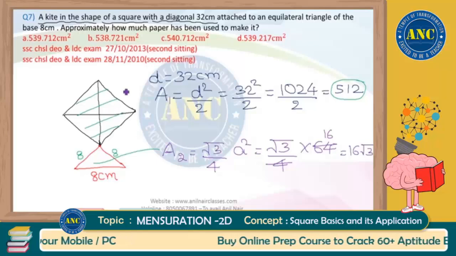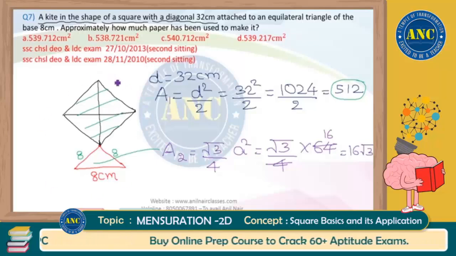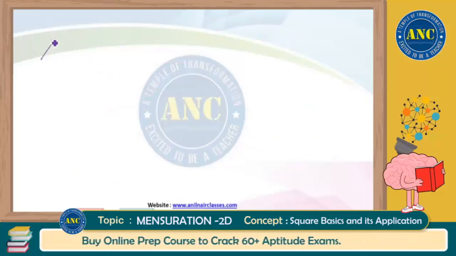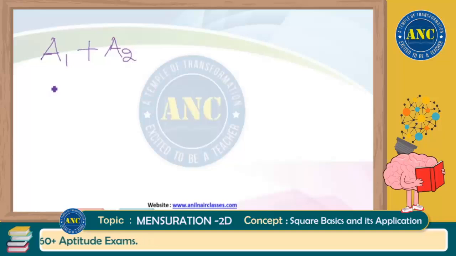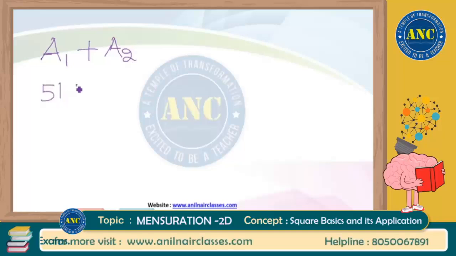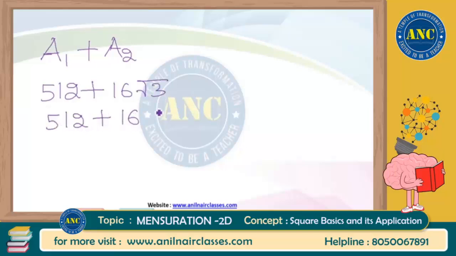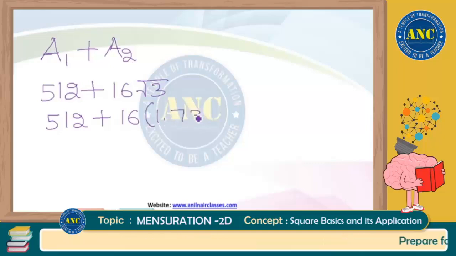That means this entire total area is nothing but area of the square A1 plus area of the equilateral triangle A2. Area of the square, we got it as 512 centimeters square. Area of the equilateral triangle, we got it as 16 root 3 centimeters square. Approximately 512 plus 16 into 1.732, which is the value of root 3.